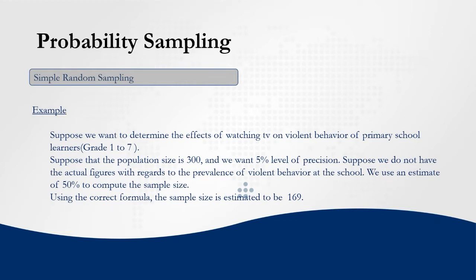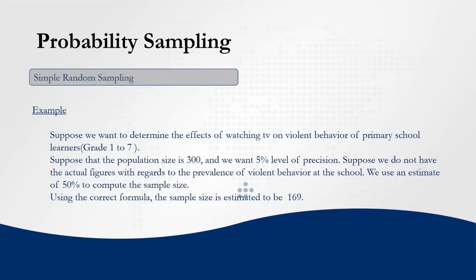If you say it's high, but you're really not sure, usually we stick with 50%, to say we're working on 50% exhibiting violent behavior. With 50%, it gives you the maximum sample size, the biggest sample size. If you go 30%, 20, anything below 50, you will get a smaller size than the one you'd get with 50%.